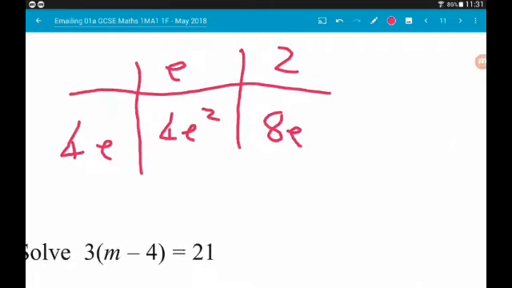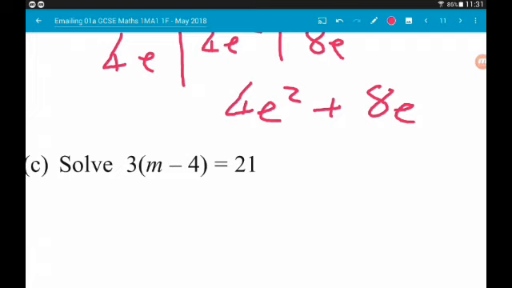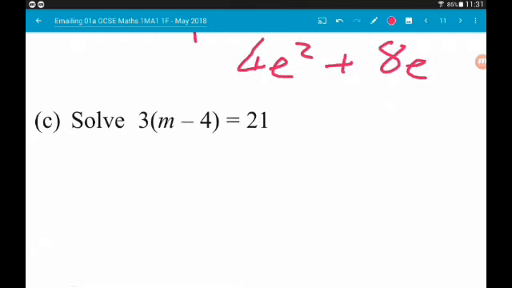So our answer is 4e squared add 8e. Part C wants us to solve 3 lots of m minus 4 is equal to 21.